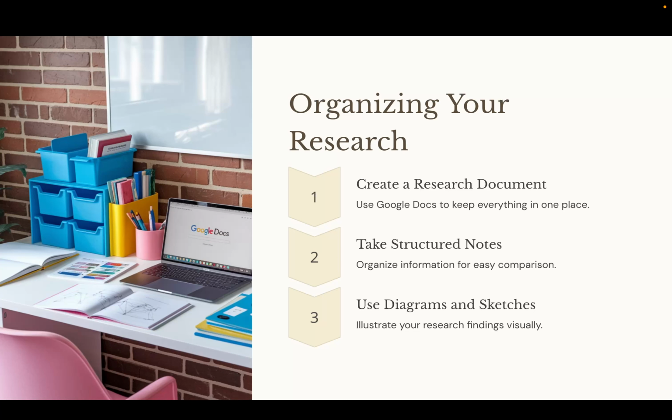Take structured notes by categorizing information for easy comparison. And use diagrams and sketches. This will visually represent complex ideas and help to clarify them. A well-organized research process makes it easier to apply what you have learned.